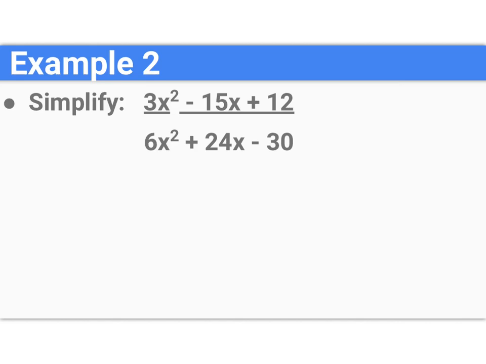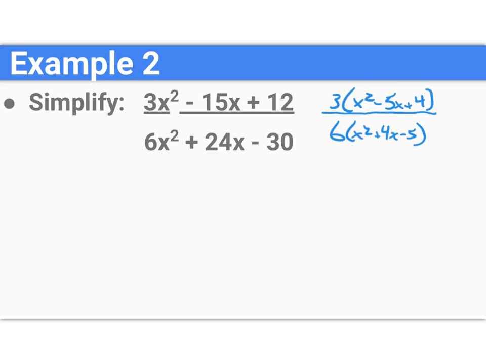So let's do the first things first. Let's take out 3: x squared minus 5x plus 4. And that's 6 times x squared plus 4x minus 5. Okay, so the factors of 4: 2 and 2, 4 and 1, x minus 4, x minus 1.